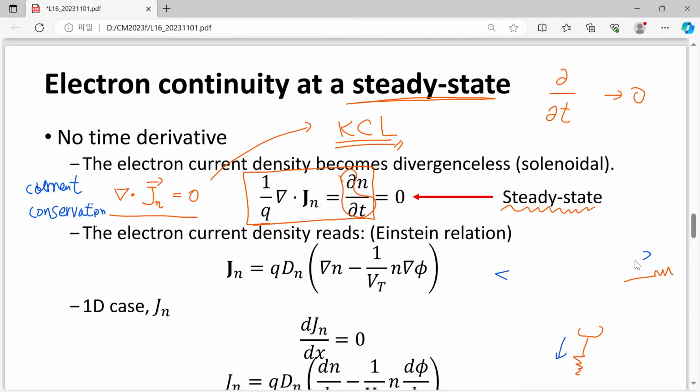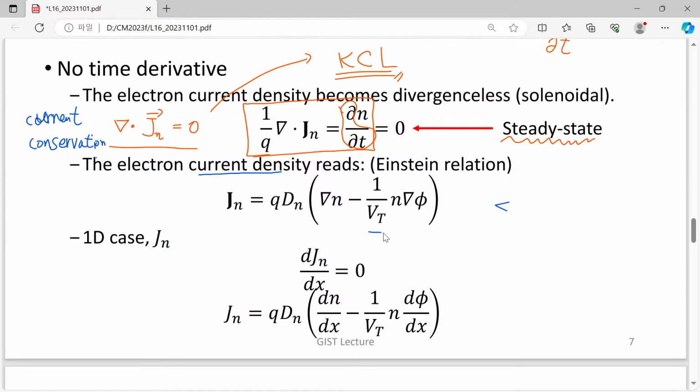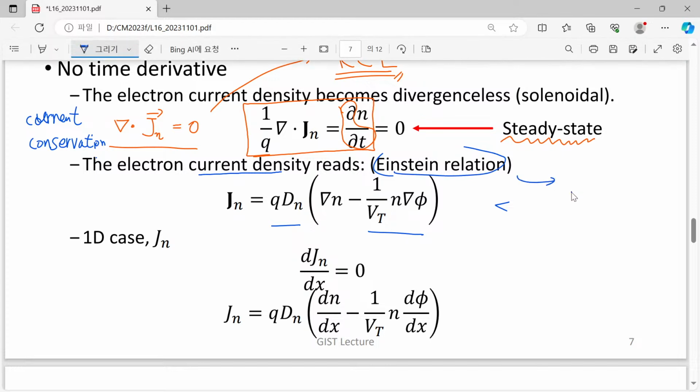Then now let's try to consider this electron current density. Electron current density has 2 terms, like drift term and diffusion term. However, using the Einstein relation, we can just express our mu n mobility as dN over Vt, thermal voltage.